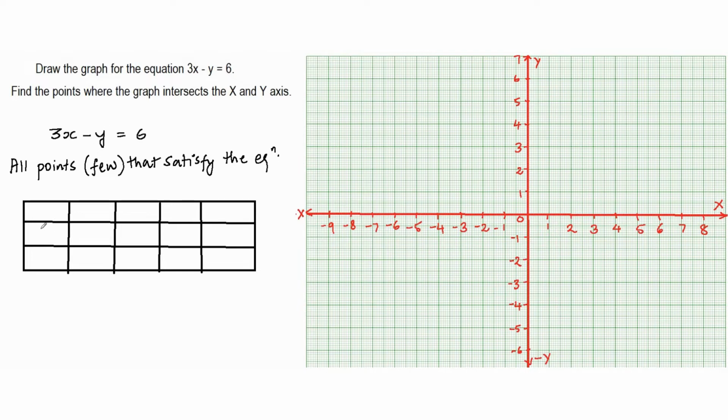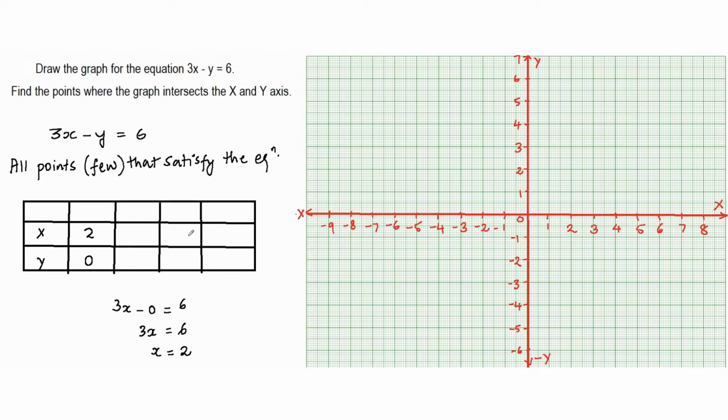So what will happen if y is equal to 0? Let us do some rough work. 3 times x minus 0 is equal to 6, which means 3x is equal to 6, which means x is equal to 2. So x equal to 2 and y equal to 0 satisfies this equation.